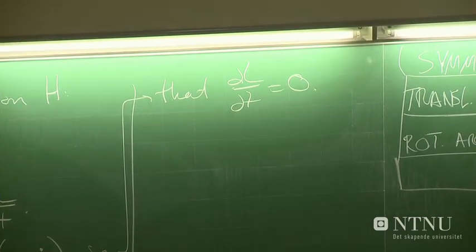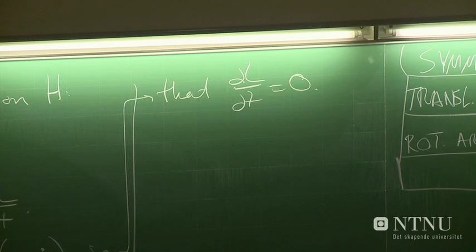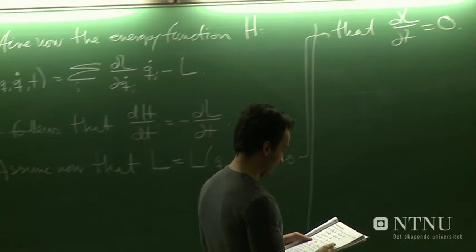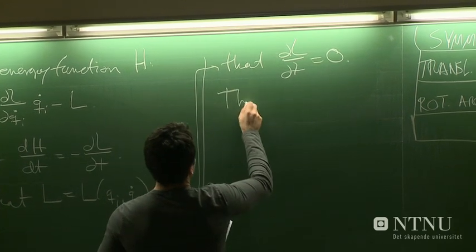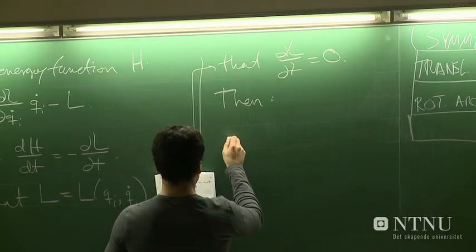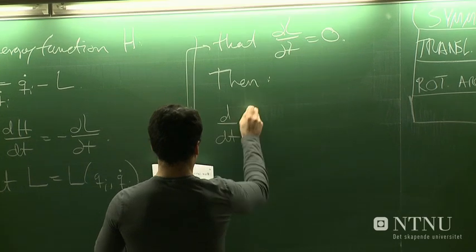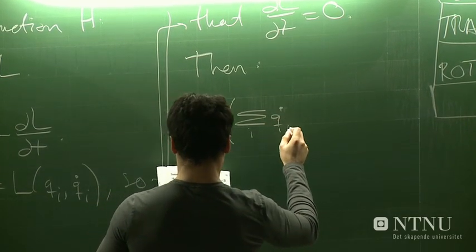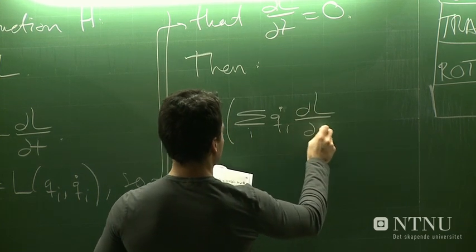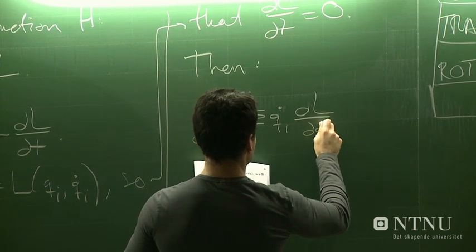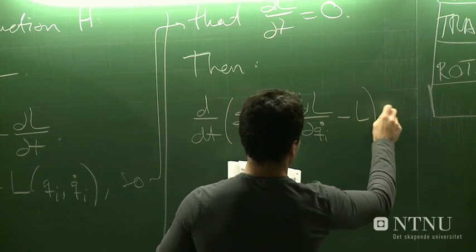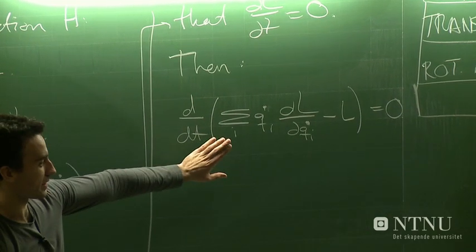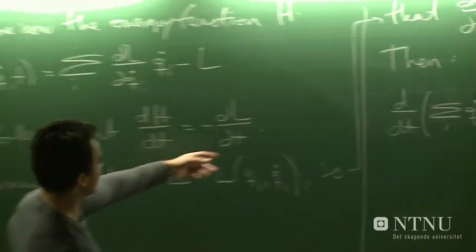So we assume that there's no time dependence in Lagrangian. Its partial derivative with respect to time is 0. And if that is the case, then this quantity has to be 0 based on this relation.